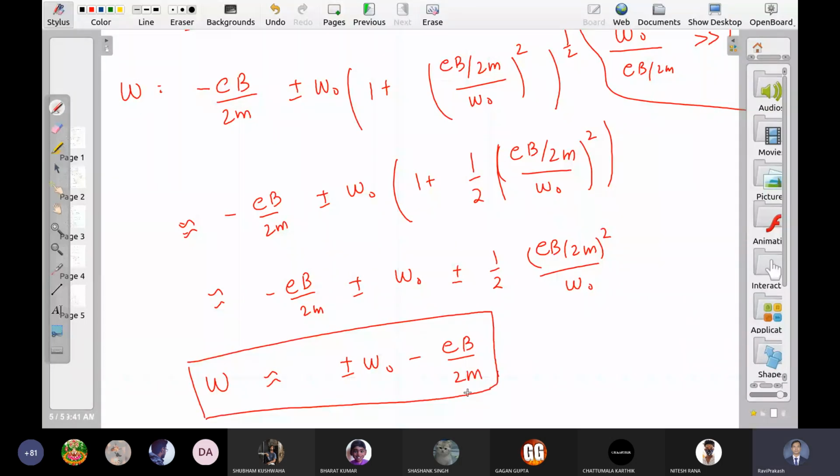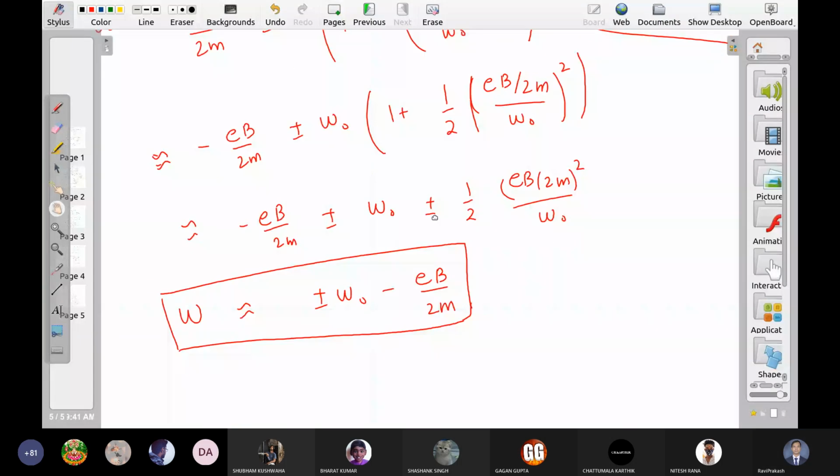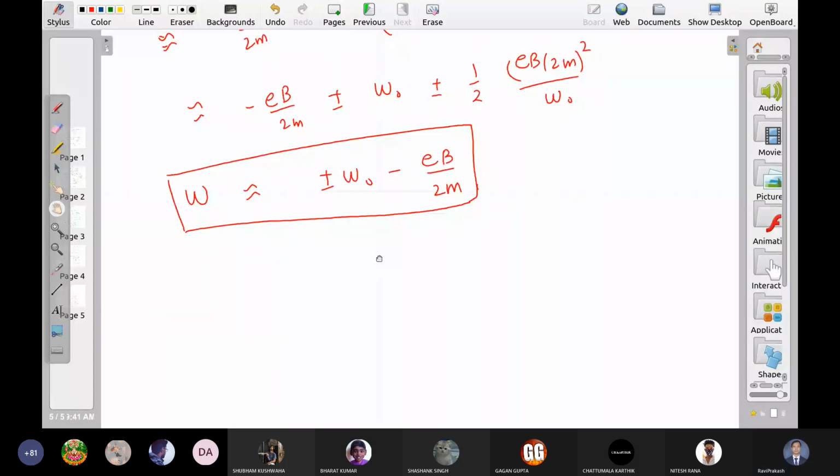So what is the new angular frequency of this electron? Magnetic field लगाने के बाद this is the new frequency.